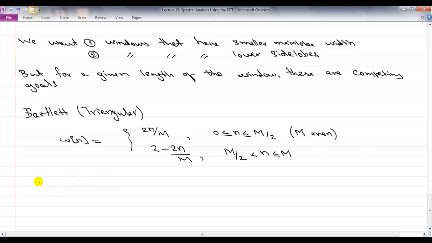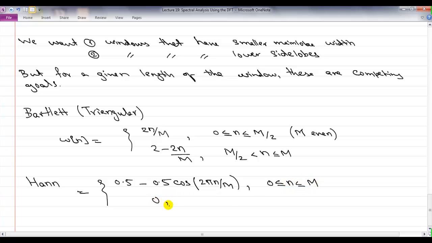You have the Hahn window. They're all named after the people who proposed and analyzed them. So that is equal to 0.5 minus 0.5 cosine of 2 pi n over m for n between 0 and m, and 0 otherwise.